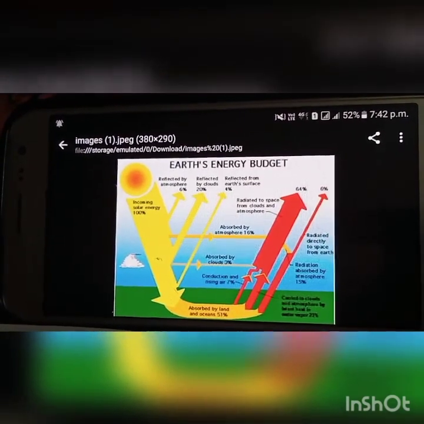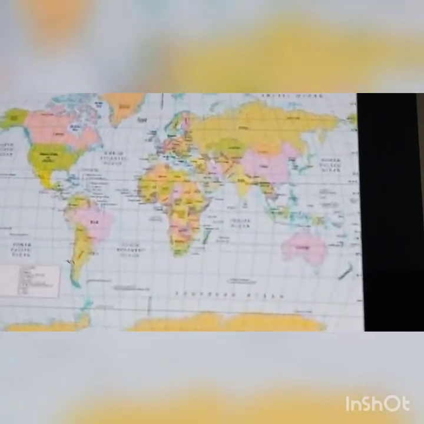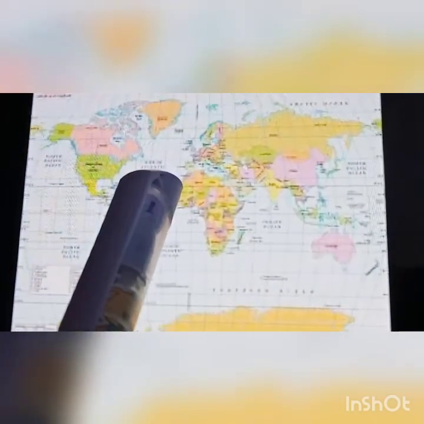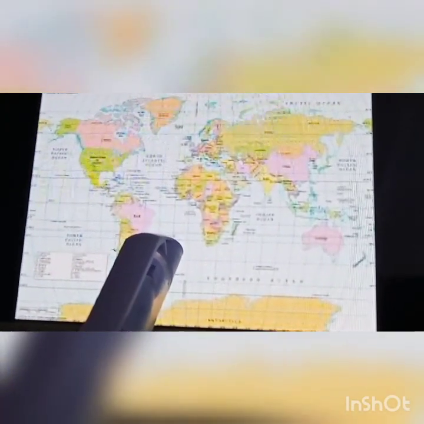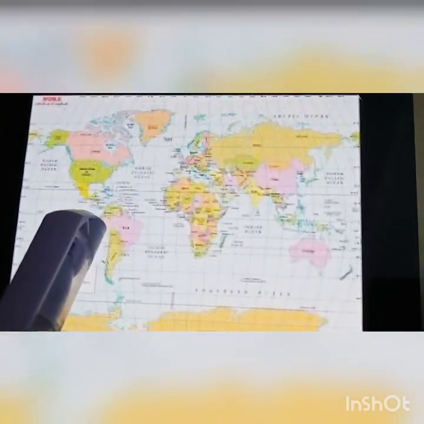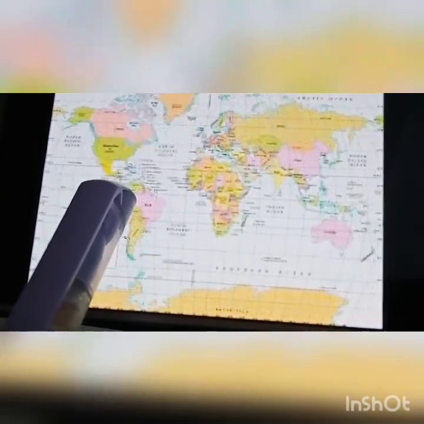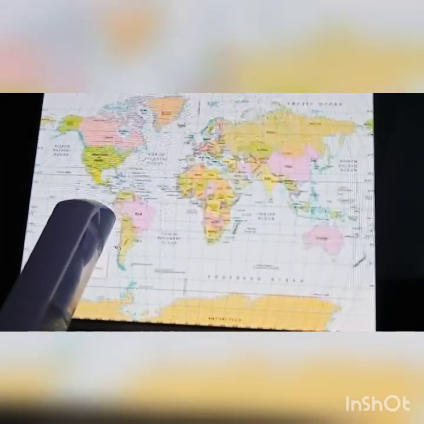And if you observe, why are some regions receiving more temperature and some regions receiving less temperature on a particular day itself? Because of the curved nature of the earth's surface, there is no uniformity in the earth's receiving of insolation from the sun.